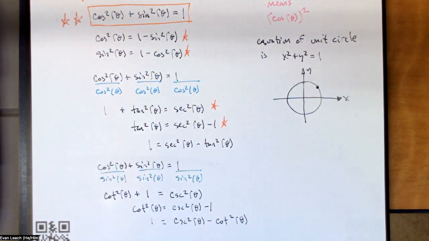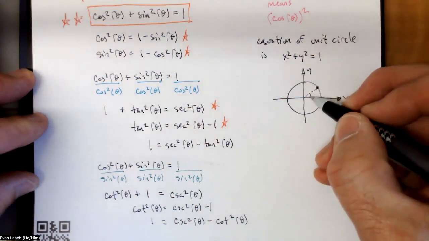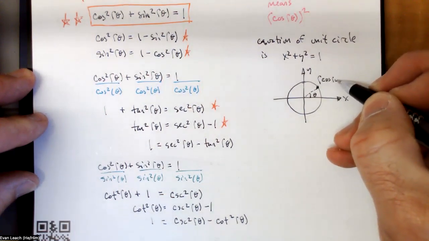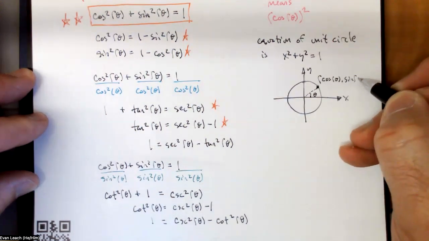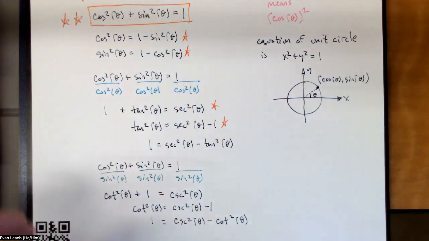And the coordinates on the unit circle. So x squared plus y squared is equal to 1 is an equation that will give us the unit circle. And the coordinates on the unit circle are cosines and sines of our angle theta. So if this is our angle theta in standard position, the coordinates of this point are cosine theta, sine theta.